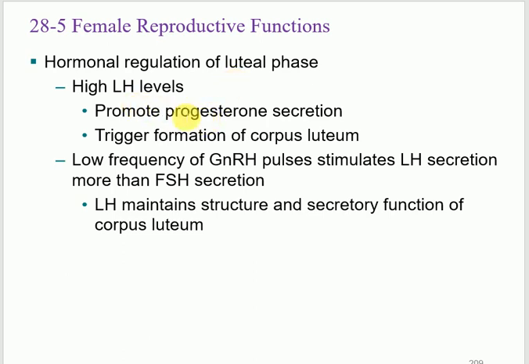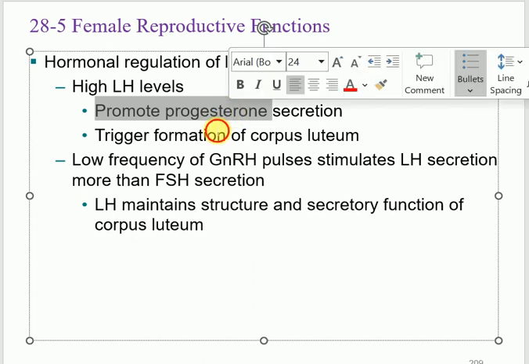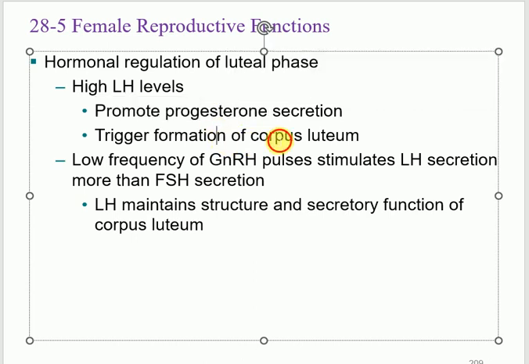It starts to produce progesterone besides some estrogen, but progesterone is more important. Here it said that progesterone is produced with the formation of corpus luteum, and the corpus luteum is the one that's going to secrete progesterone, which is the most important, plus estrogen. Estrogen will come from the ovaries anyway, but the additional one here is progesterone.